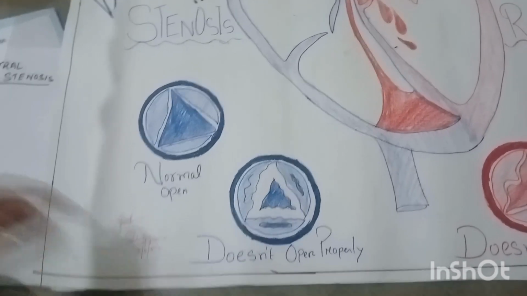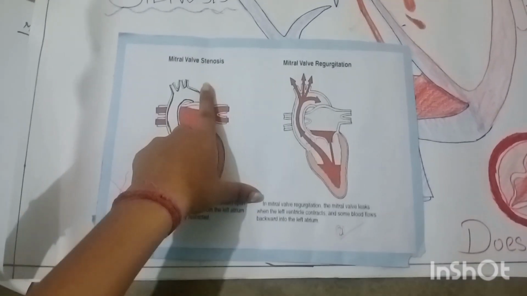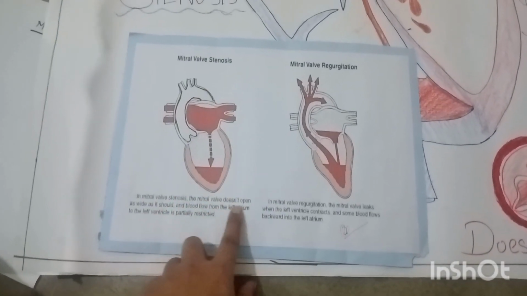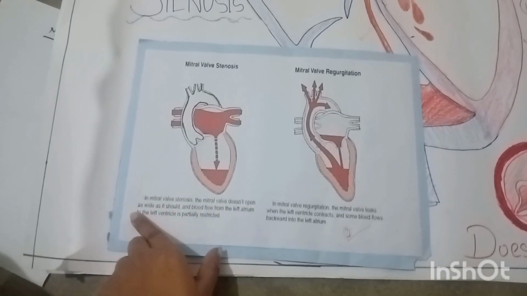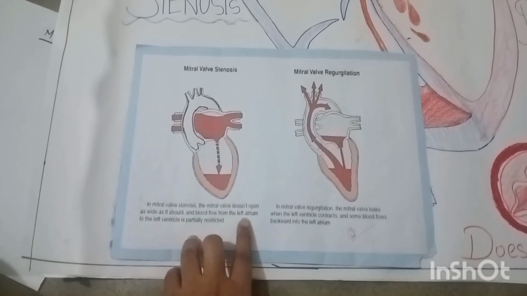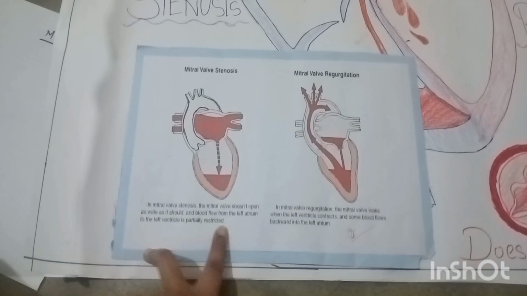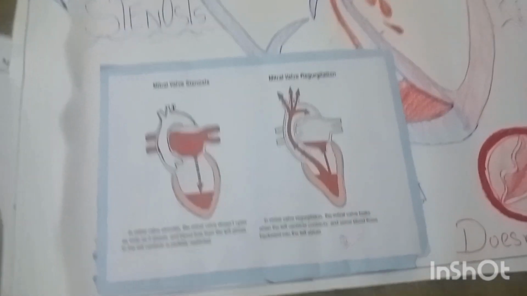So because of that, in mitral stenosis, the valve doesn't open as wide as it should, and the blood flow from the left atrium to the left ventricle is partially restricted. Let me draw these things.